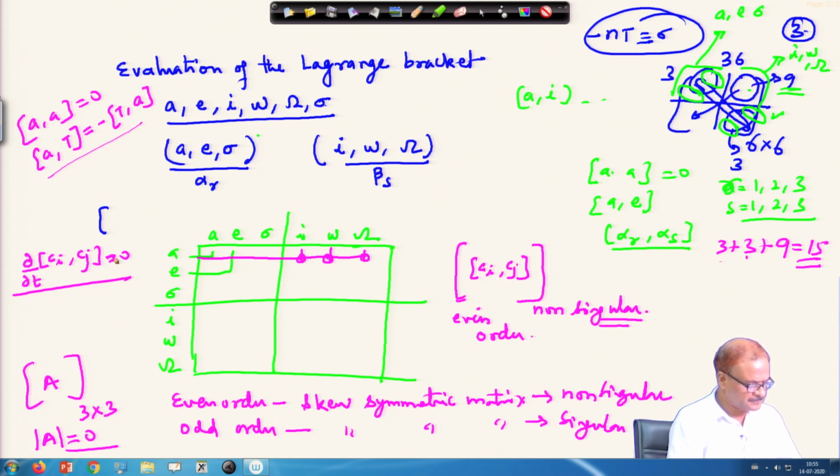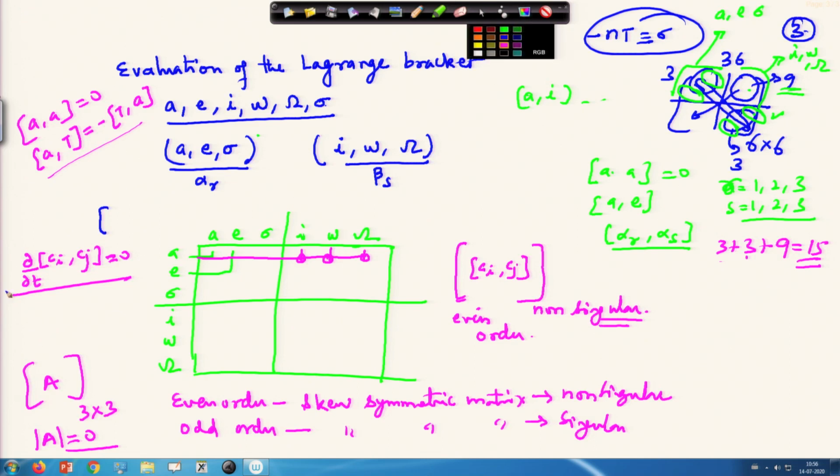So, let me just rewrite this statement. The Lagrange bracket is just dependent on the osculating elements and not on its derivatives, which are constant.